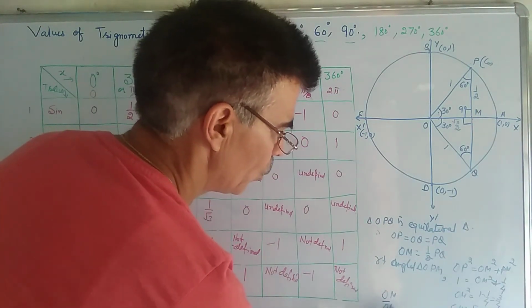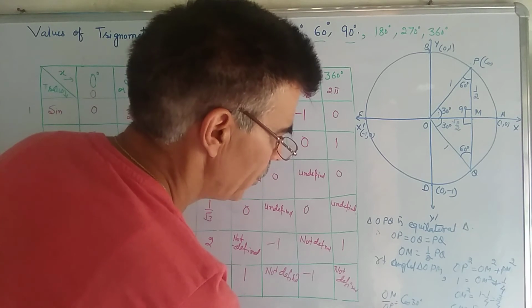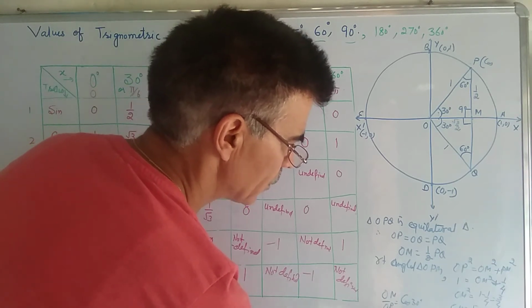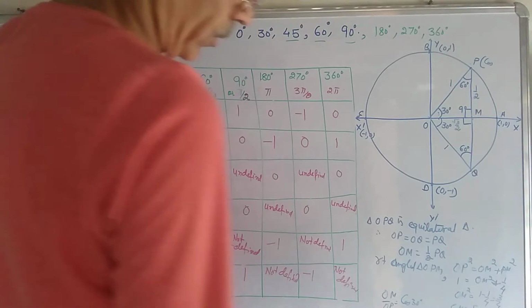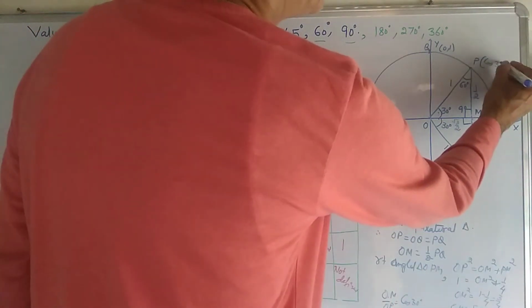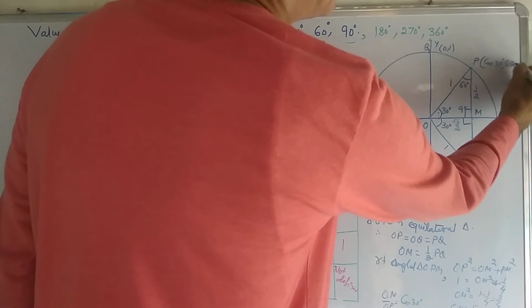OM upon OP is cos 30 degree. PM upon OP is sin 30 degree. Since OP is 1, OM is cos 30 degree and PM is sin 30 degree in the unit circle.